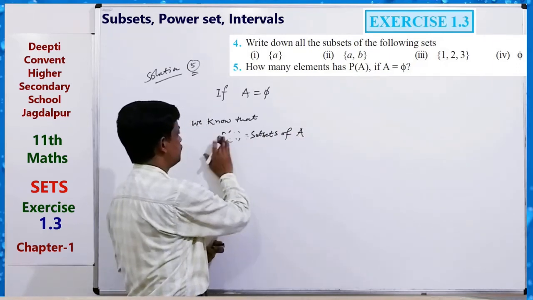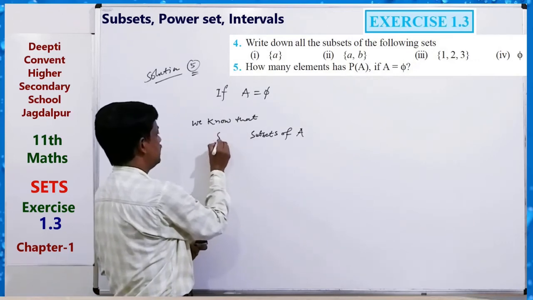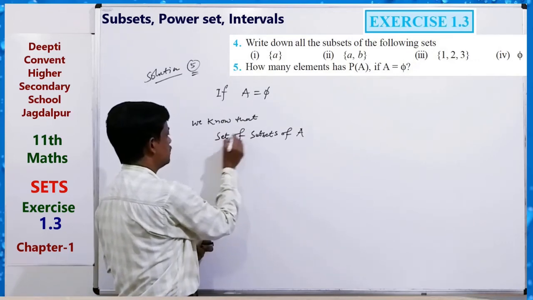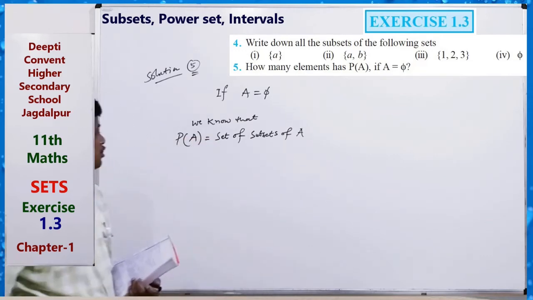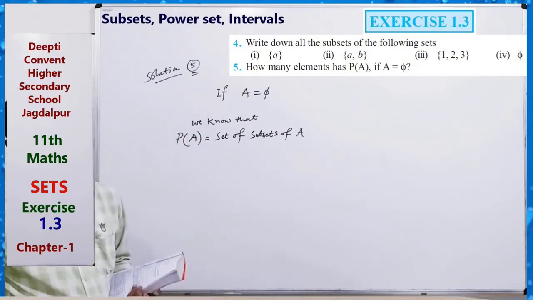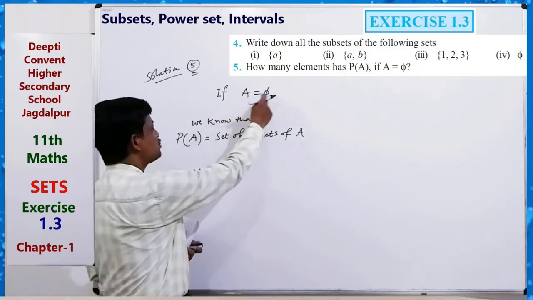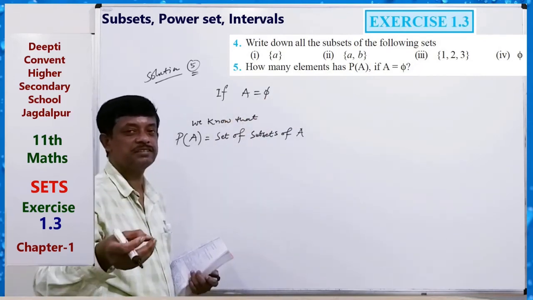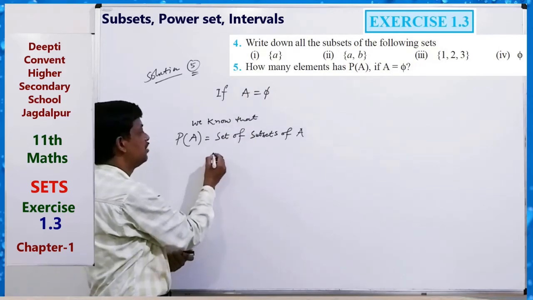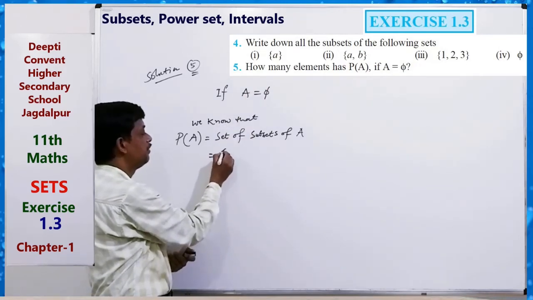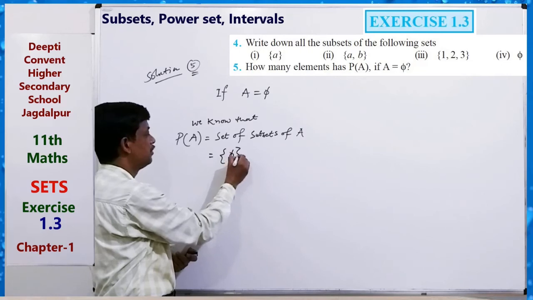Set of subsets of A. Sorry. Set of subsets of A. P(A) equals set of subsets of A. So A equals phi means empty set. So its subset is only this.